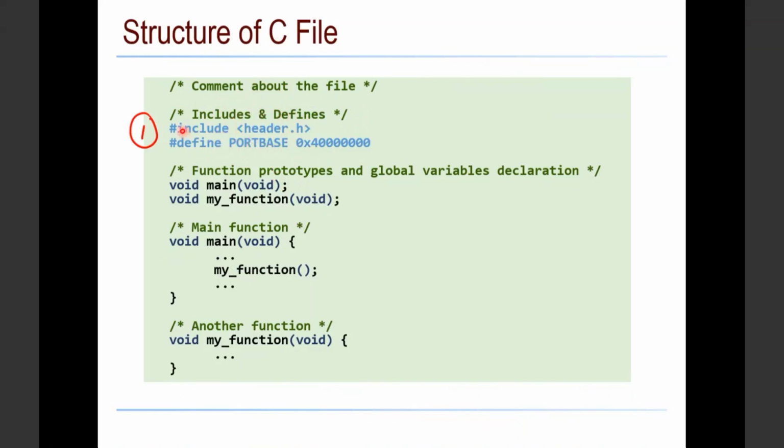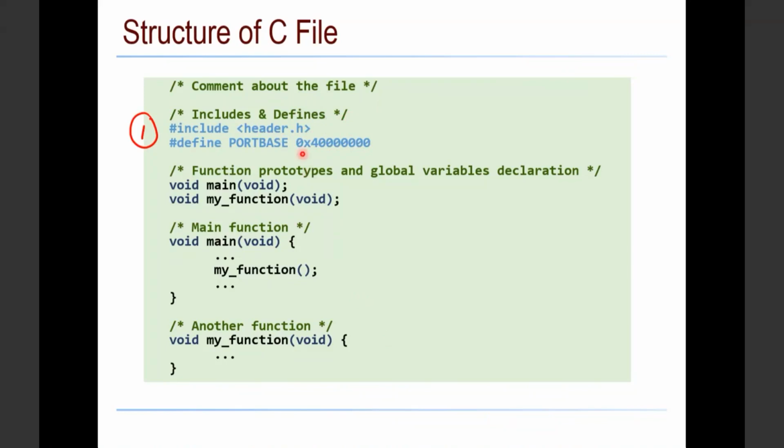You can use hashtag include to include any libraries or files in your program, and to define, you can use hashtag define. For example here, port base equals 0x40000 means that you define the address of port base at this address. So this is how to do the addressing in C programming.